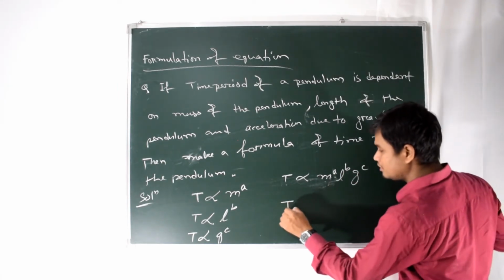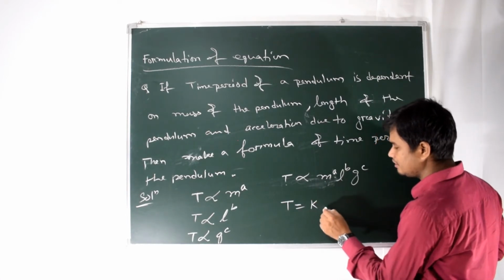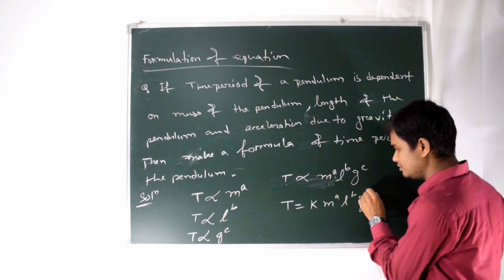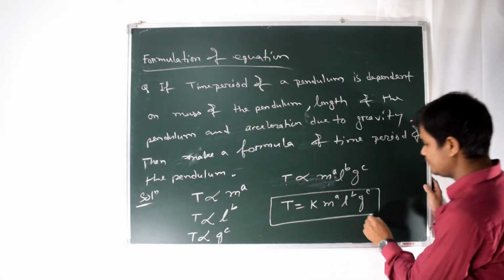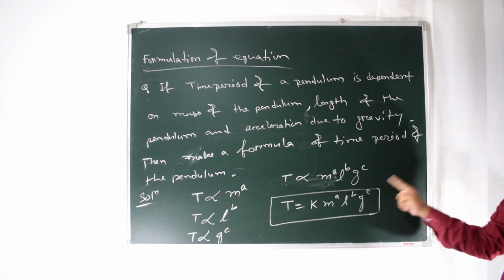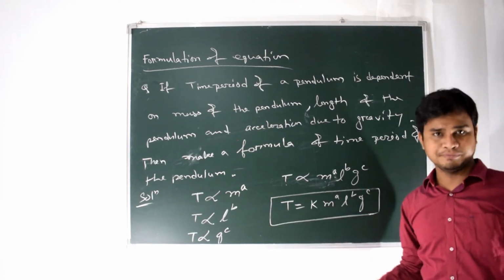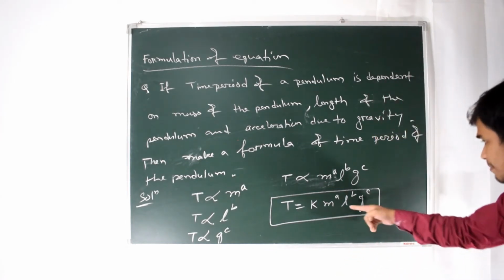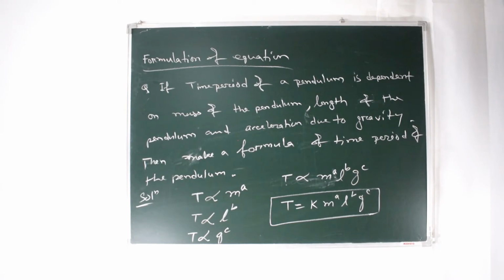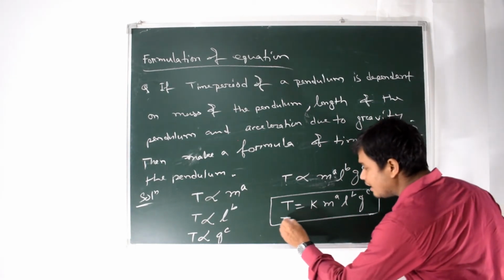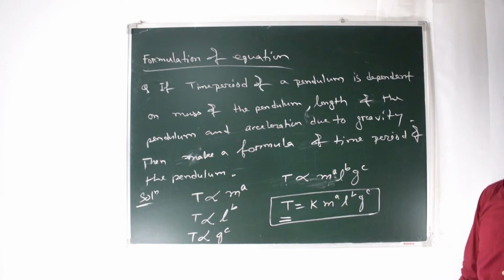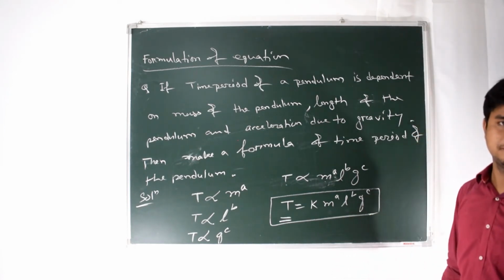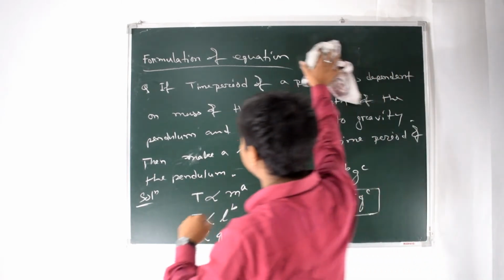So T is equal to K m^a l^b g^c. If we are able to find a, b, and c, then the time period formula will be determined. Clear? So our aim is to find a, b, and c. So we know the dimension of time period, mass, length, and g.